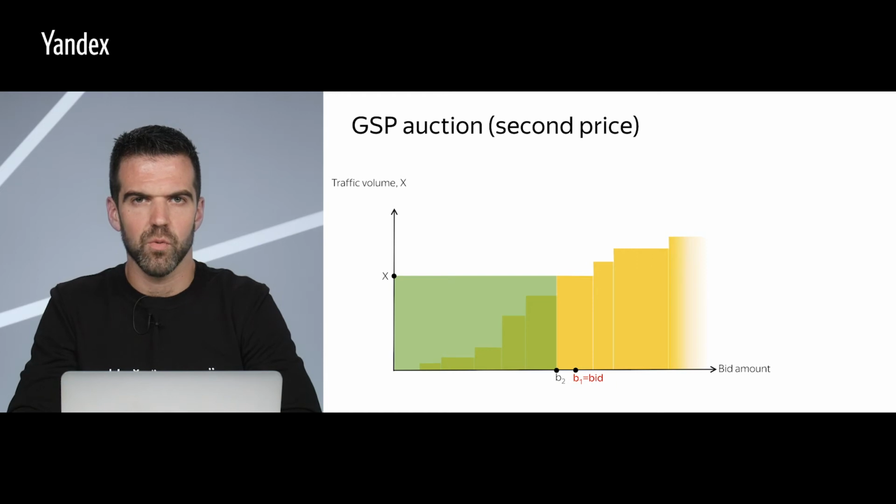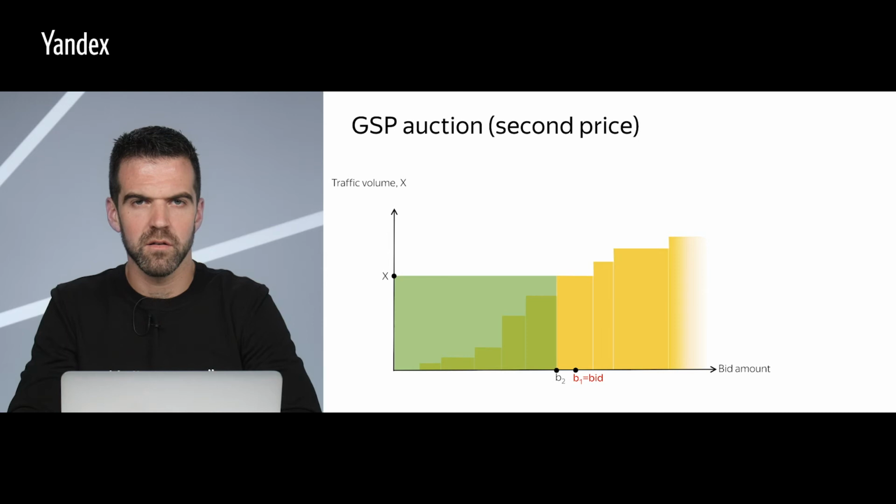Let's recall what the VCG auction is and how it differs from the GSP or second price auction, which was used up until 2015. In the second price auction, we have traffic depending on bids, looking like this. Here on the vertical y-axis, we have the traffic volume that the advertiser receives, and on the horizontal x-axis, we see the bid that they have set.